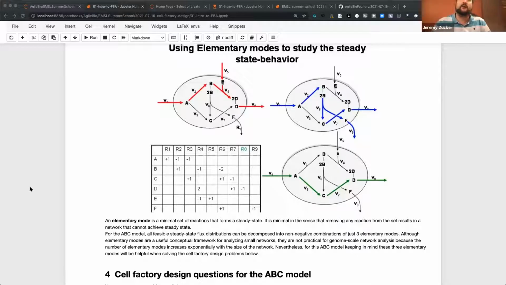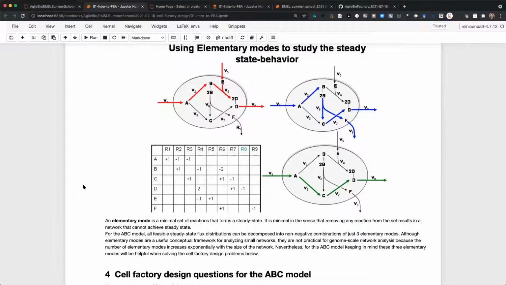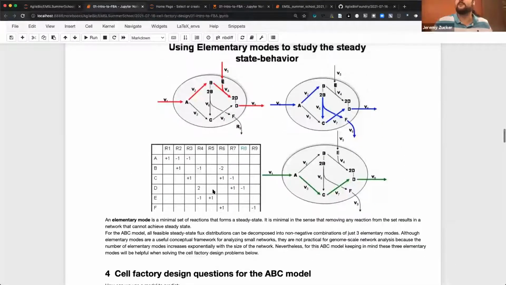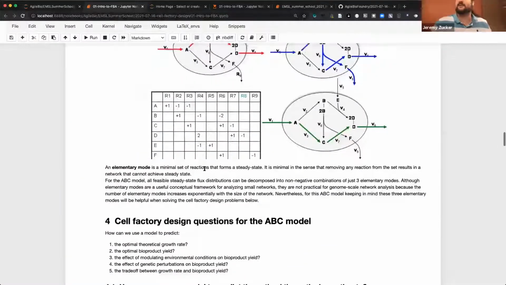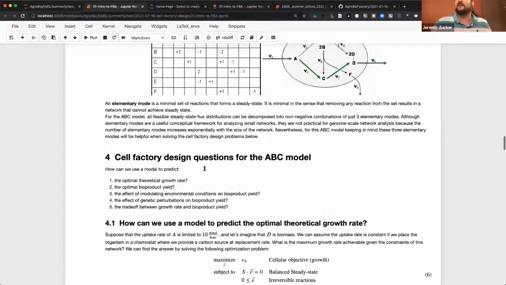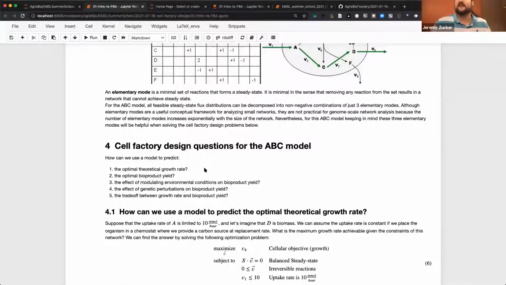In fact, later on in the course, if you stick around for the fluxomics course, I actually have software that calculates these elementary modes for you. I don't think I included that software in this particular notebook, but it is in the fluxomics notebook. And that's a good point. I'll add a note to myself to add the calculation of these elementary modes in a future version of this course. Any other questions, Junhoon? Not at this point.